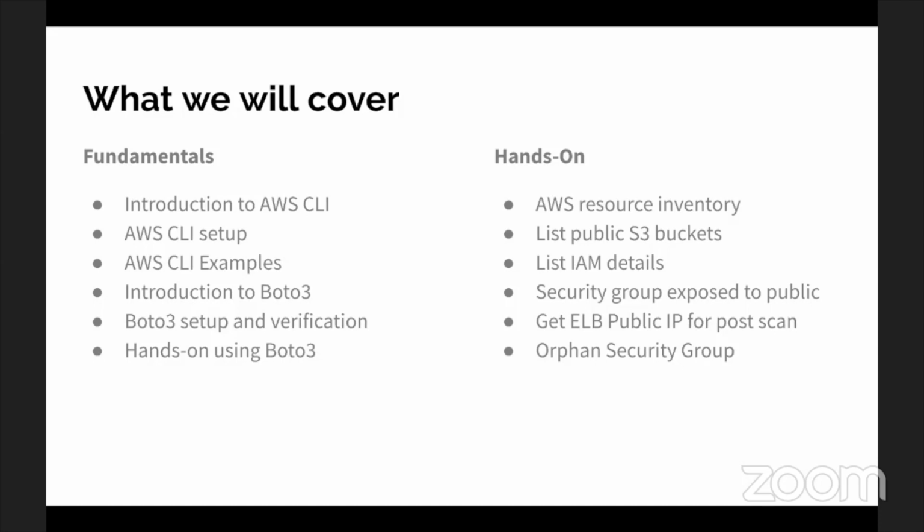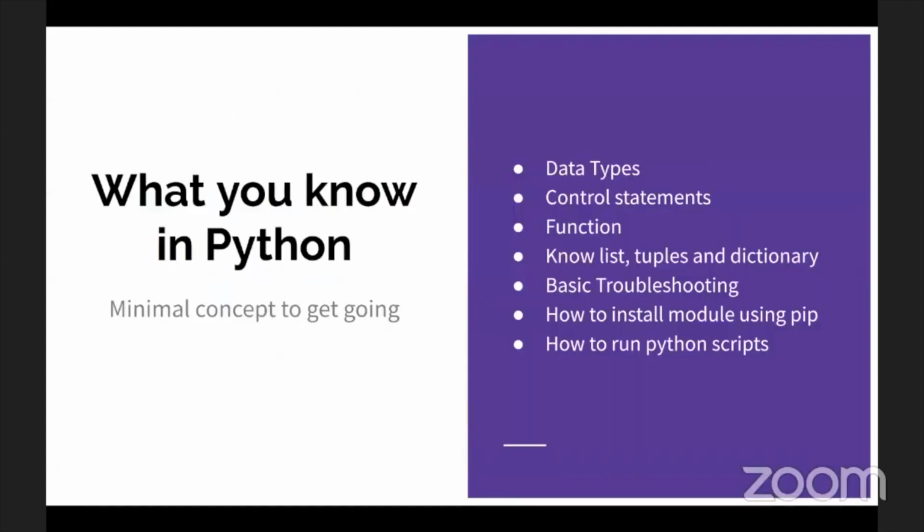To understand the script, you should know the basics of Python. Not much, but the very basics, like data types, control statements, functions, and lists, tuples, and dictionaries. If you know up to this part, then you are good to go with the script. And from the AWS side, I expect you have an AWS free account.